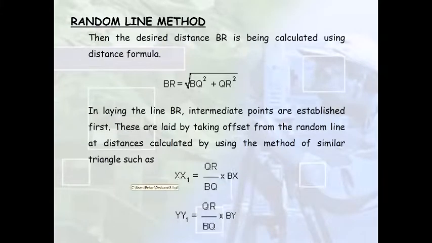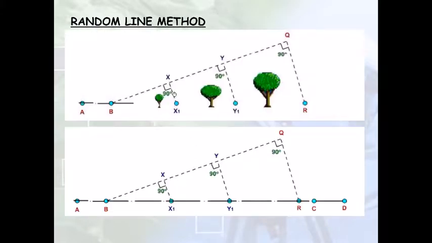And once you have these two distances, you can create a perpendicular at point X and a perpendicular at point Y. And at the distance that has been calculated, you will erect one point over here, Y1, and one point over here, X1. And in the end, B, X1, Y1, and R will all be in alignment in a straight line.